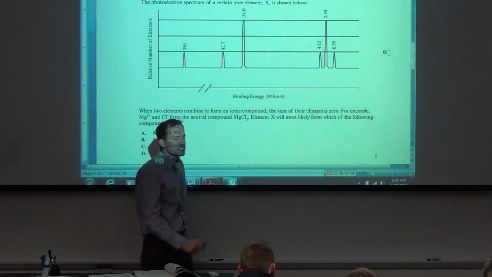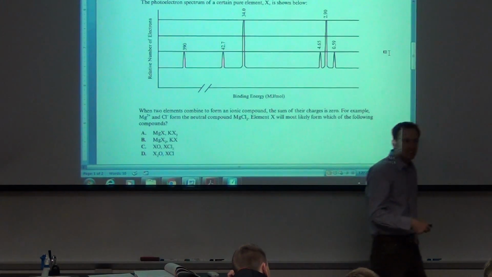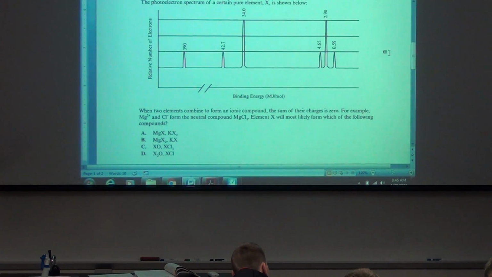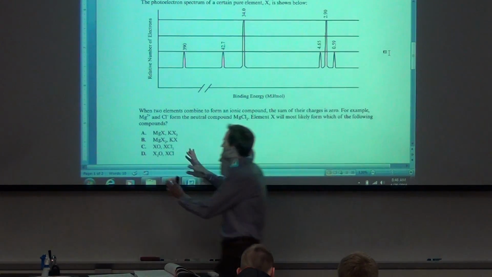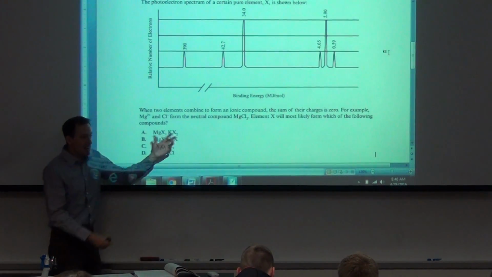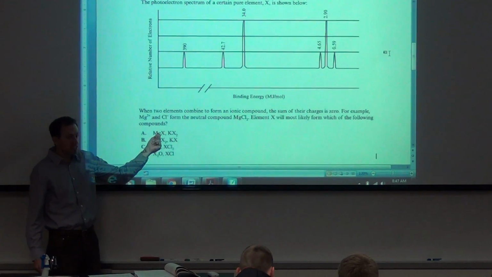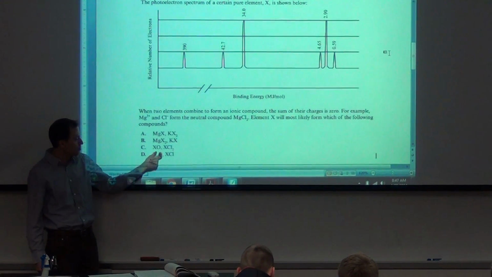What element is this? Let's just label that first. What is this element? Not X, not X. It's Ca. Why do you know Ca? 4s2. So, what it's asking you right now is basically this. Is X going to combine with Ks and Mgs, or is X going to combine with Os and Cls?